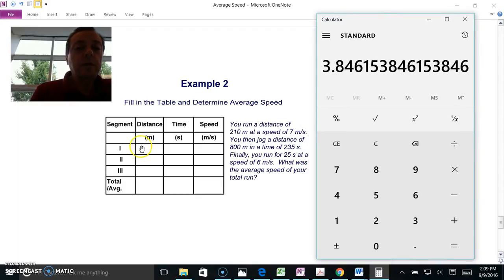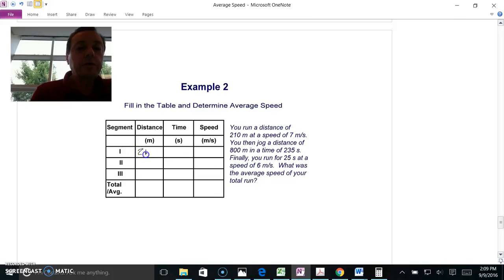Then you jog a distance of 800 meters in 235 seconds. And then you run for 25 seconds at a speed of 6 meters per second.